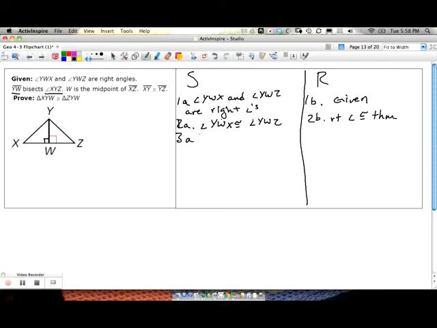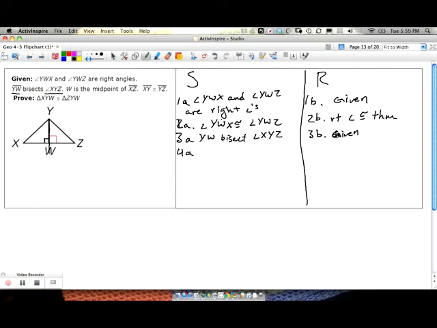Why? Because of the right angle congruence theorem. Next, now we can jump into this bisector thing. YW is going to bisect angle XYZ. How do we know that? Well, that's given. But what does that do for us? That makes things equal.